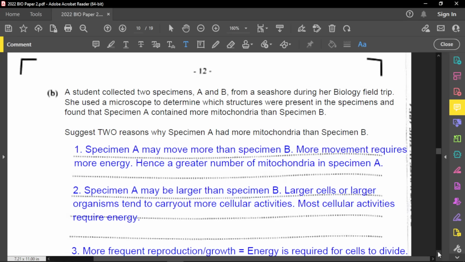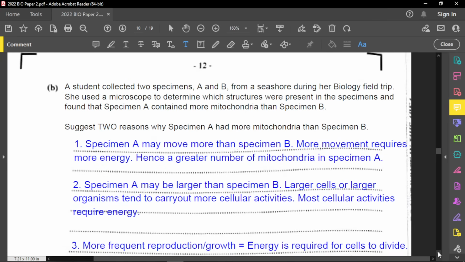Now for part B, a student collected two specimens, specimen A and specimen B, from a seashore during a biology field trip. She used a microscope to determine which structures were present in the specimens and found that specimen A contains more mitochondria than specimen B. And it's asking us to suggest two reasons why specimen A had more mitochondria than specimen B. All right, and so there are a number of reasons why this may be possible.